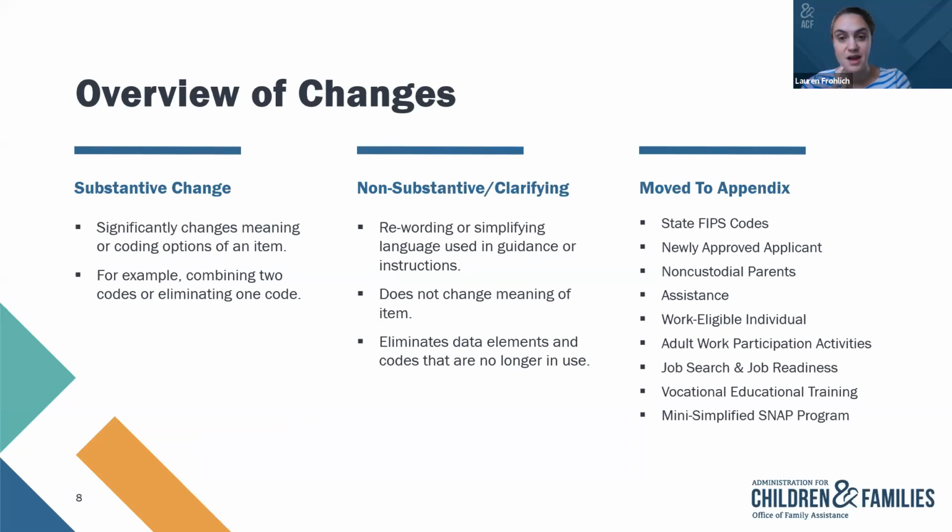We also, the instructions are quite unwieldy. So we moved these different narratives to the appendix. So there's still a lot of detail there, but it's just more streamlined so that you can get the key information you need when you need it.